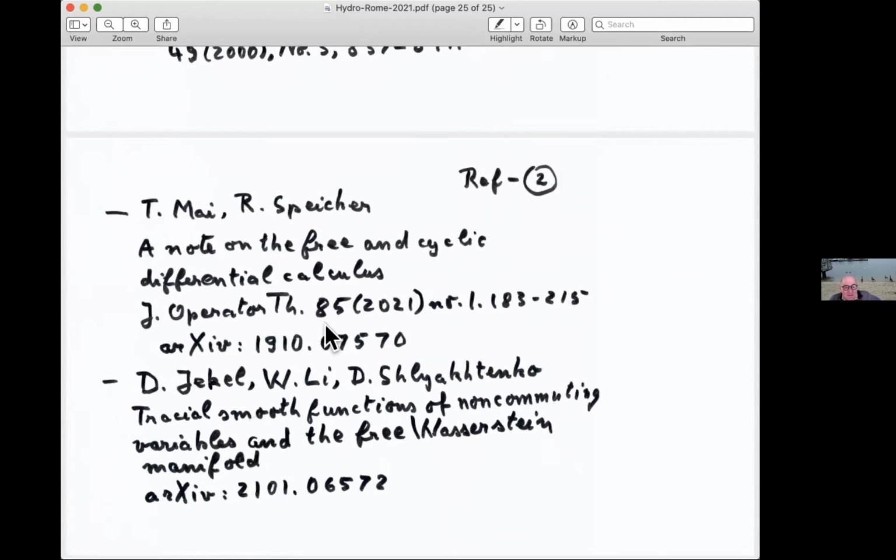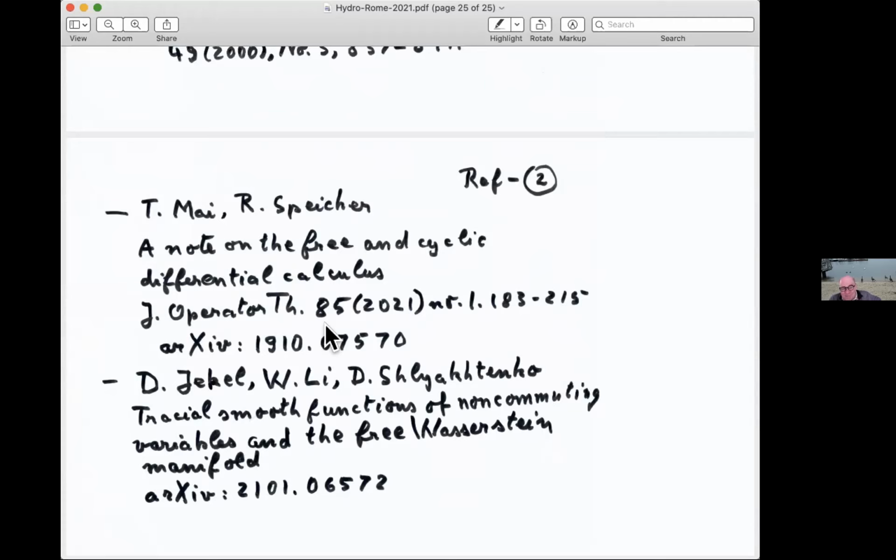They construct a free Wasserstein manifold, and they find a way to arrive at these Euler equations you've seen here from the point of view of this free Wasserstein manifold, and somehow to develop things which would bring it close to the transportation situation, to work with transportation methods on these equations.